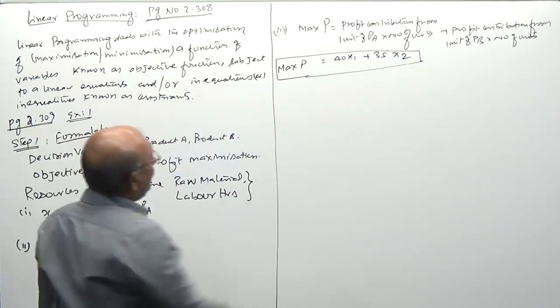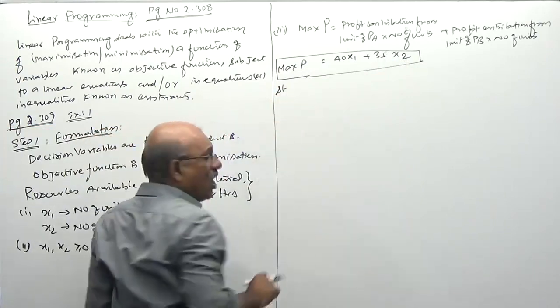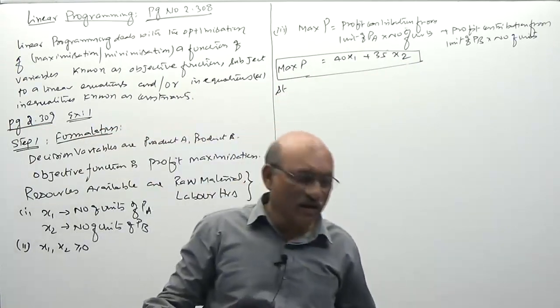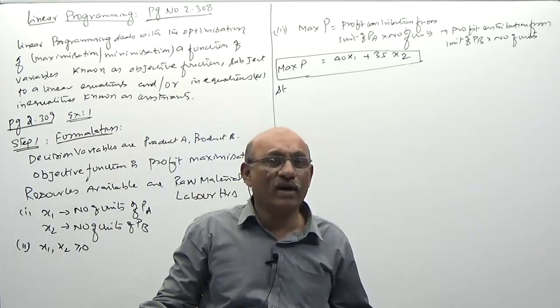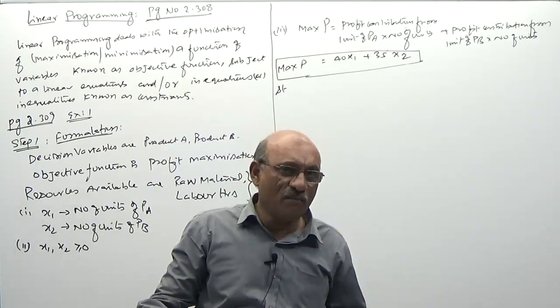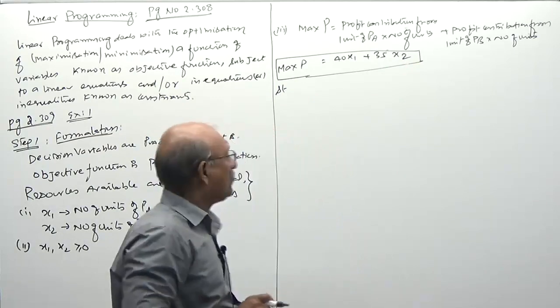Okay. Subject to how many inequalities we will get for the given problem, sir? 2 inequalities we will get. One for the raw material and one for the laborers.